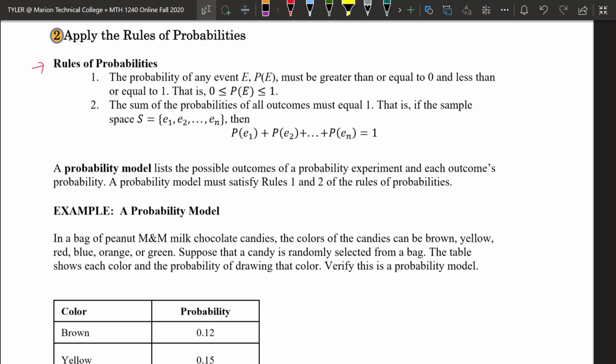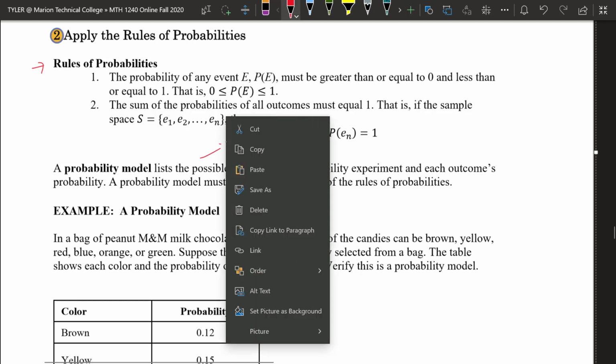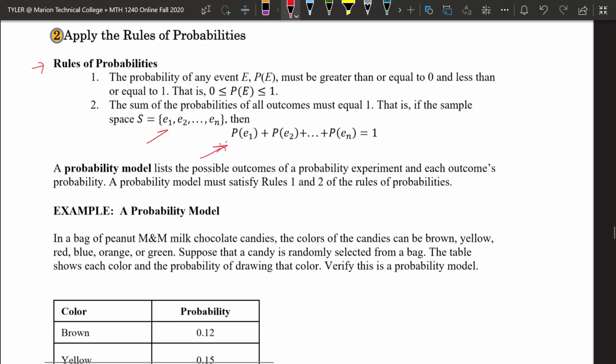And then another thing is that the sum of the probabilities of all the outcomes must equal 1, or in other words, 100%. So if I take the probability of each individual outcome in the sample space, then that equals 1. And that's what this is showing. So in other words, we have n outcomes possible, like E1, E2, E3, E4, all the way up until we get to the last one.